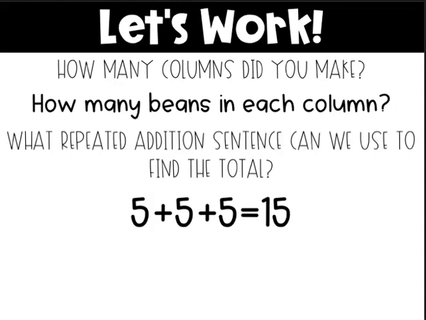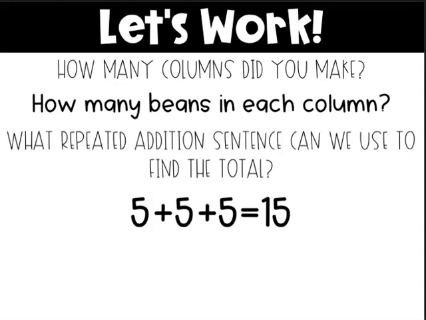All right, now that we've got that, let's try to organize our items in a different way. I would like you to now, on your boards or on your papers, set up 3 groups of 5, but this time, I want groups to be your rows. So I want 3 rows of 5.